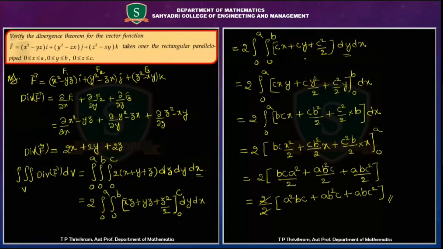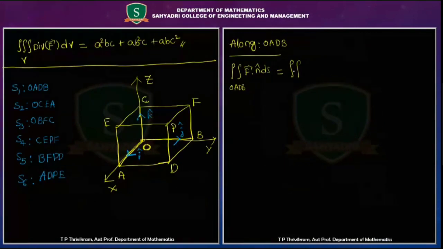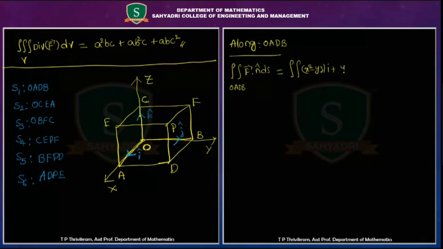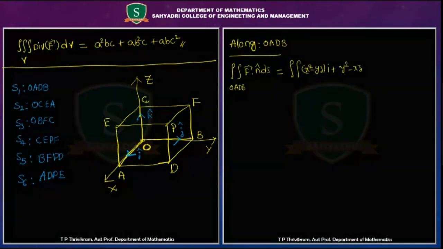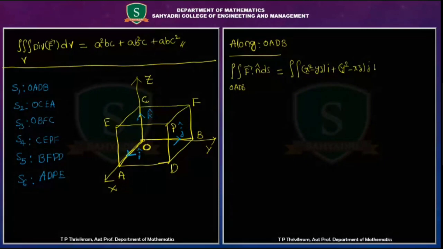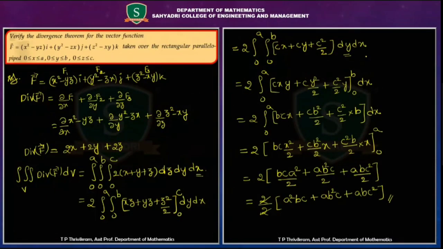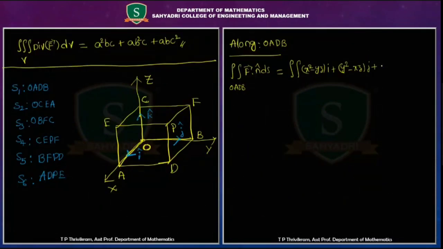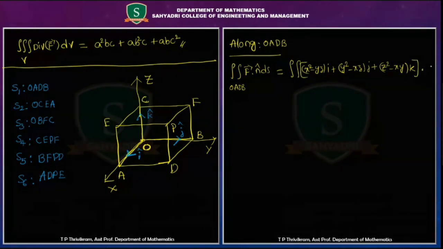Check it: (x squared minus yz) i plus (y squared minus xz) j plus (z squared minus xy) k. Dot n cap is there.